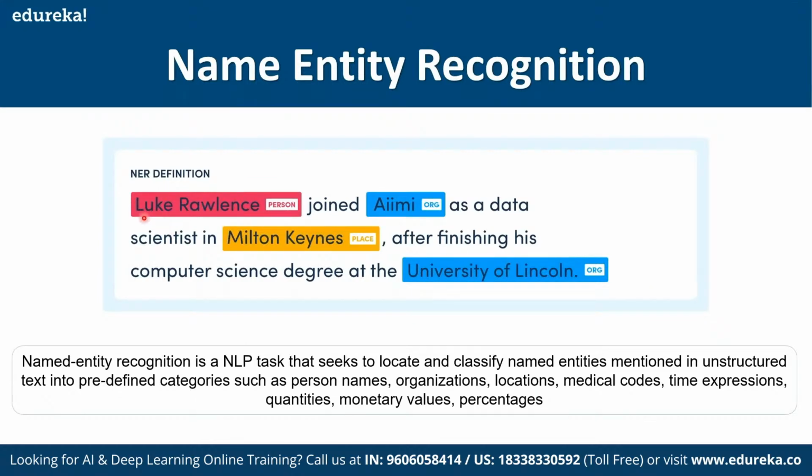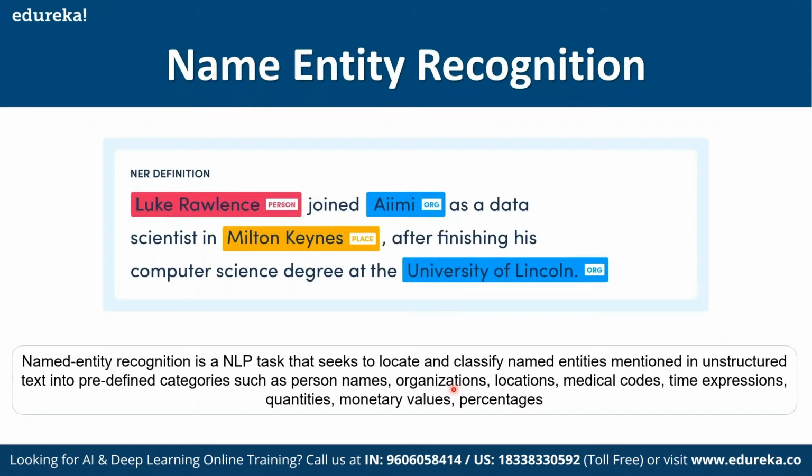Here if you check, we give a sentence to the model, so it will understand that you are talking about Luke Rollins, he or she is a person, ME is the organization, Milton Keynes is a place somewhere, and University of Lincoln is an organization. Okay, so this is a very good use of LSTM, that is using it for NER, named entity recognition.